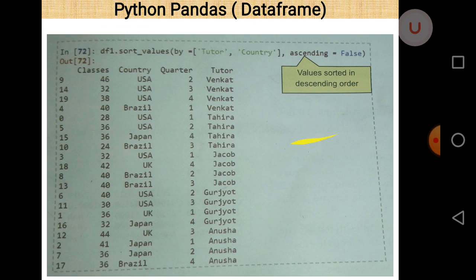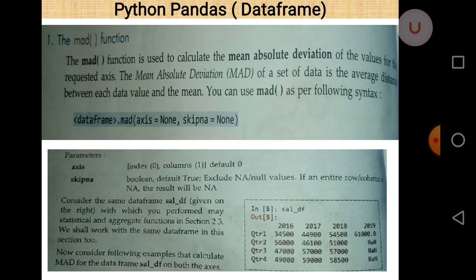The second function here is the mad function. Actually it stands for mean absolute deviation, and in short is written as mad. So the mad function refers to mean absolute deviation.